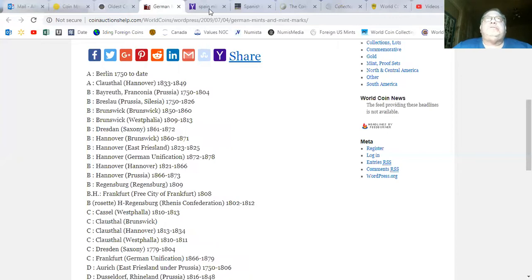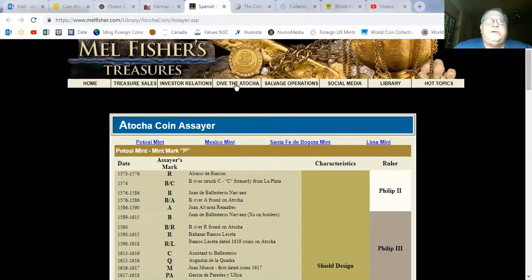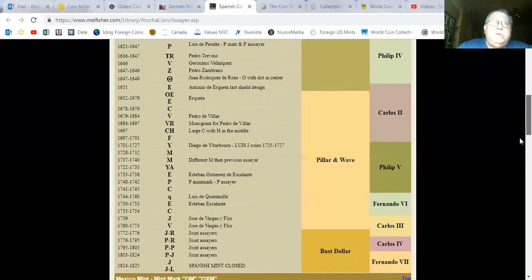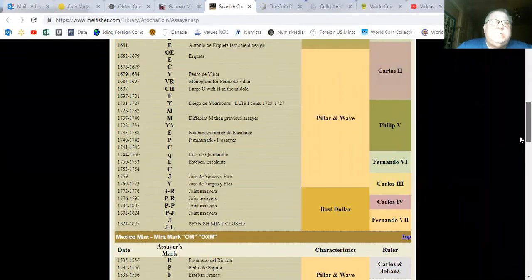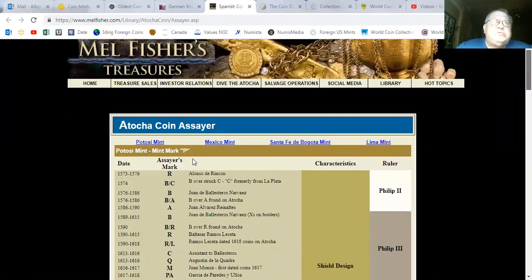So then we're going to go into Spain minting, and I kept the Yahoo page because I had to look it up. I didn't have it there. But this will tell you everything about the mint marks from 1500 all the way up to, well, 1820. Oh yeah, for this mint mark, and these are assayer's marks I was looking at.